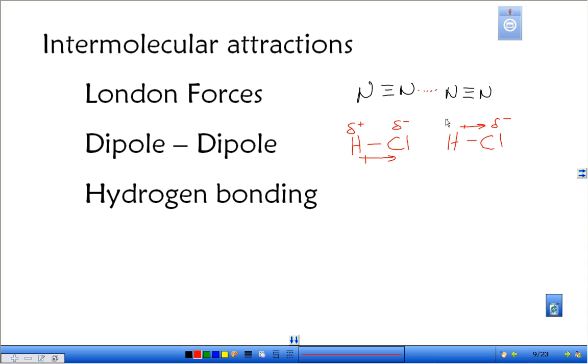So we get slightly negative, slightly positive, and there's an attraction between that chlorine and that hydrogen. And the last, but the strongest of all of them, is hydrogen bonding. We will go into how water actually bonds to itself, and we'll look into those different types of bonding.